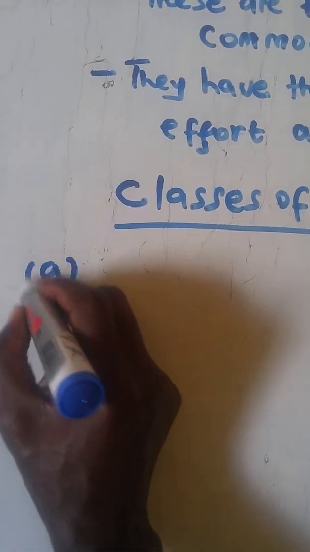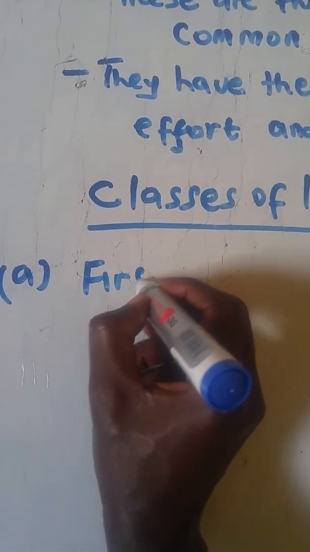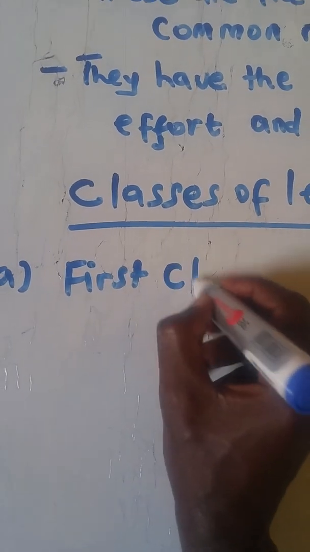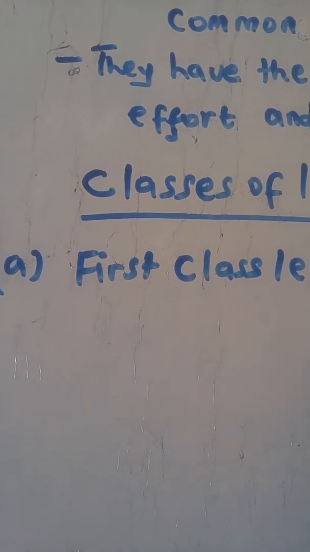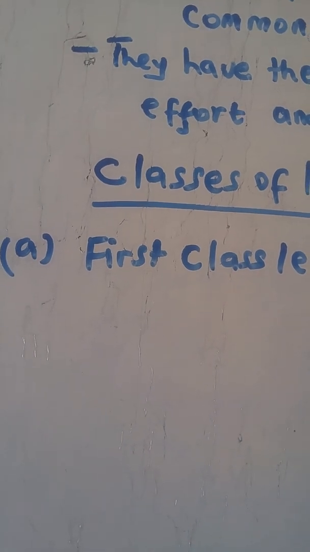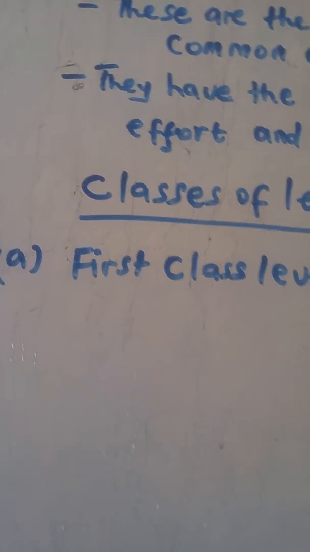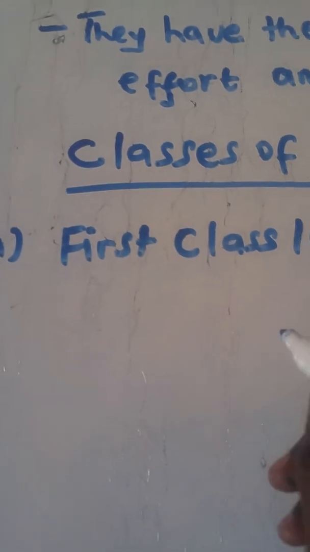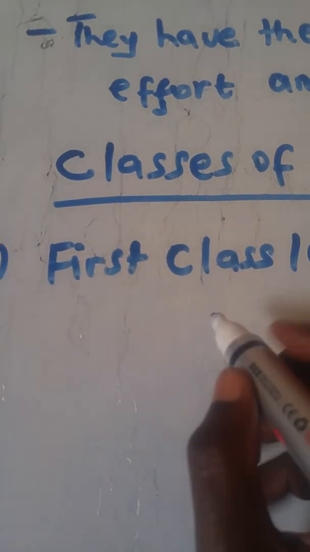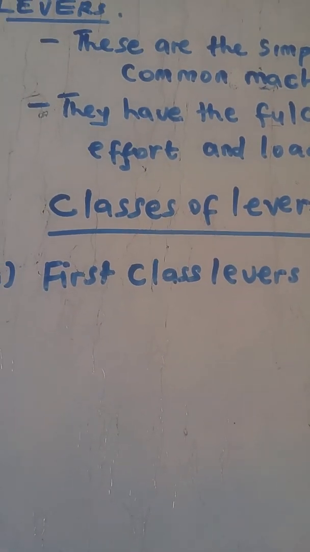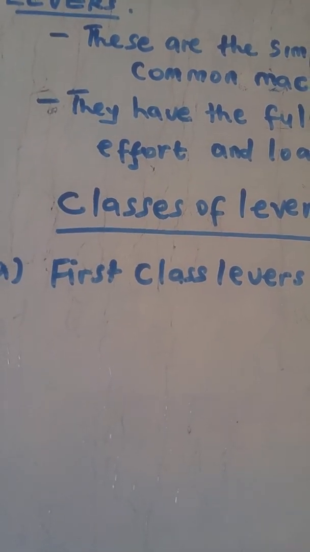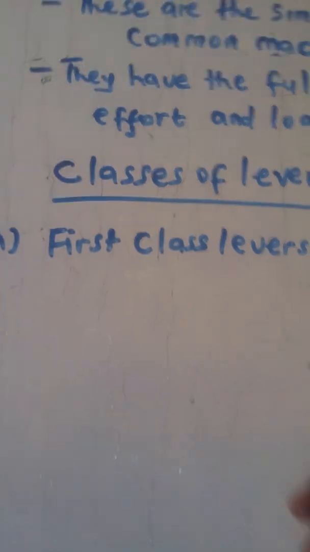The first one, they are called first class levers. See? First class levers. What are first class levers? Now, first class levers are levers where the pivot or the fulcrum is in between the load and the effort.